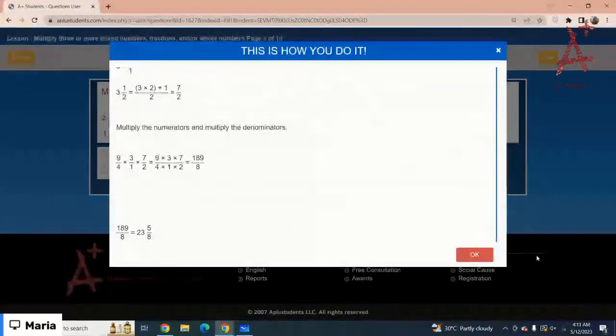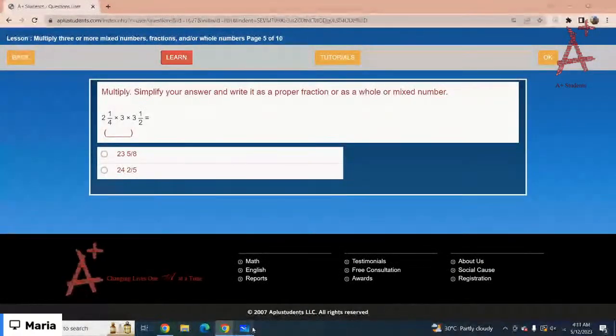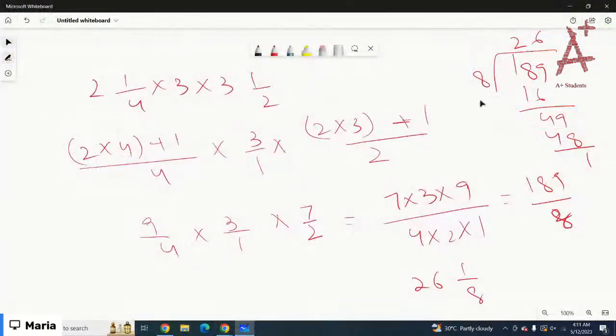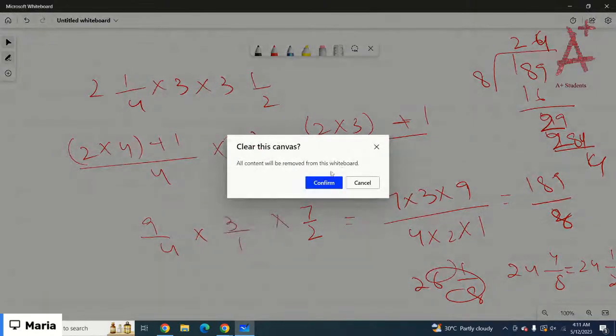Yes, it is 189 by 8, but when you divide, 8 times 2 is 16, and 18 minus 16 is 2, not 49. Yes, you can go for 8 times 4 is 24, so here you have 4. It would be 24 whole 4 over 8, and you can divide numerator and denominator by a common number, so it would be 24 whole 1 over 2. So I made a mistake while dividing, got it?